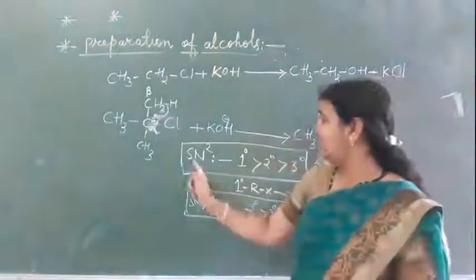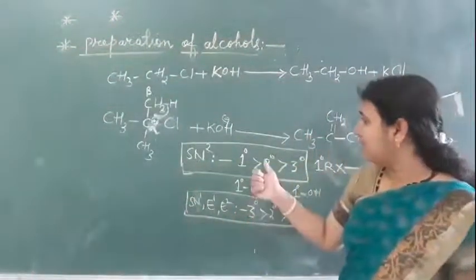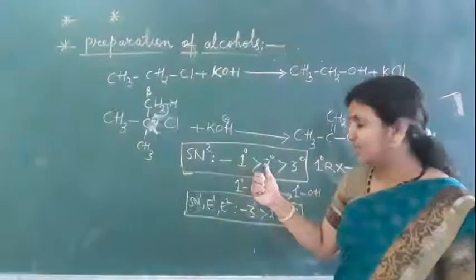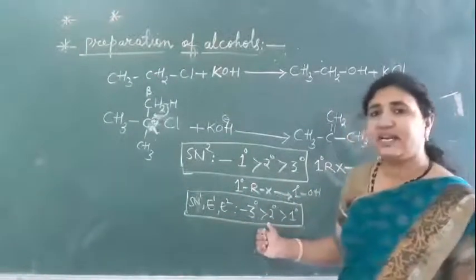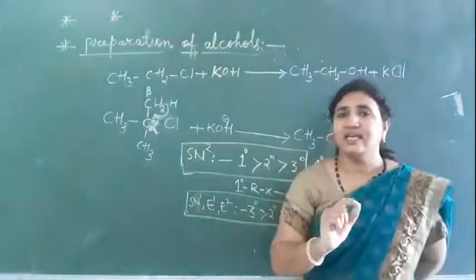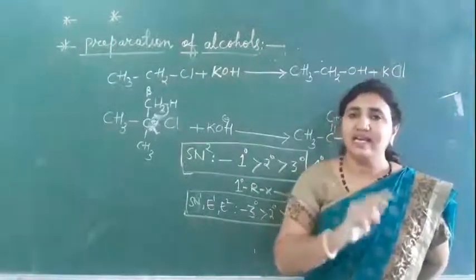And in secondary alkyl halide we have the same order: the SN2 mechanism is in second place, and the SN1 and E1 mechanisms are also in second place. That's why secondary alkyl halide gives a mixture of alcohol and alkene.